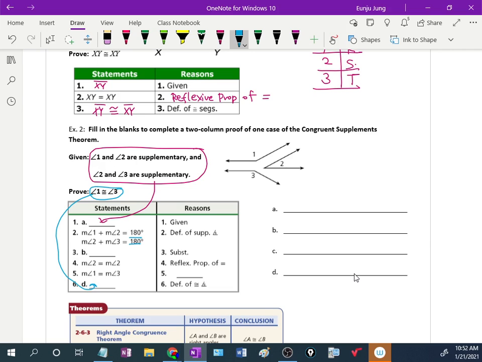What would be that? This one, substitution. That would be better because I'm using 180, those same thing, and then I will substitute. Or I can say transitive property. And I prefer saying transitive property here, but okay, that's fine.